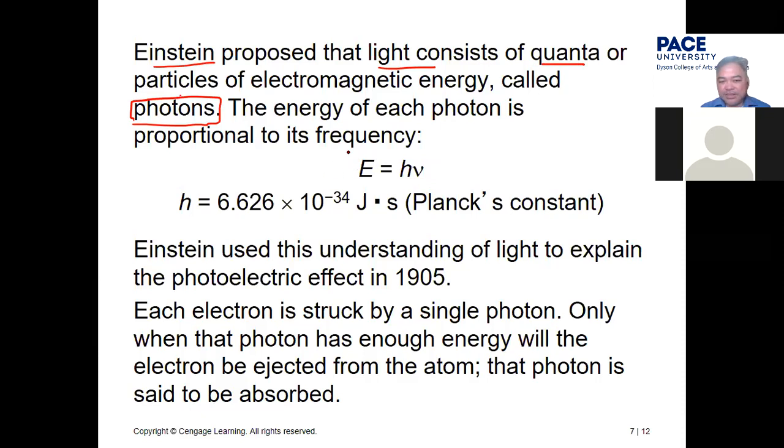He just applied what was known at that time as the Planck constant in explaining the phenomenon. So instead of saying it's a wave, he said it is a particle of electromagnetic energy, and each photon's energy is proportional to its frequency. So energy is just equal to the Planck constant times the frequency, and the Planck constant is this one.